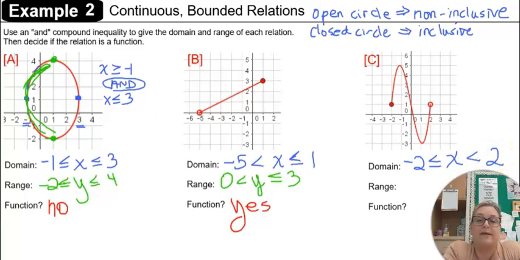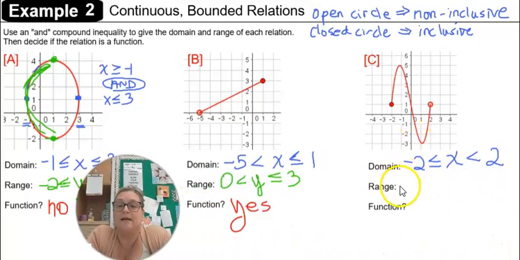Okay, now the range, bottom to top, right? We're going lowest possible y value to highest possible y value since it's continuous in between. So our lowest possible y value is a -3. Right, that's down here at the bottom, and then it's continuous up until we reach the highest possible y value at 5.